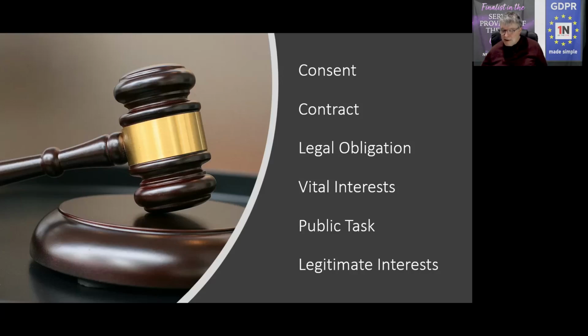And providing that you come down the right side of that balancing test, providing that the risk to the individual is far less than the benefit to your organisation. Again, it's a bit of a perception thing, so don't worry if you don't quite understand that when I first said it. We can deal with that in more depth. But providing you satisfy that test, you can say we're holding this information because it's in our legitimate interest to hold it.